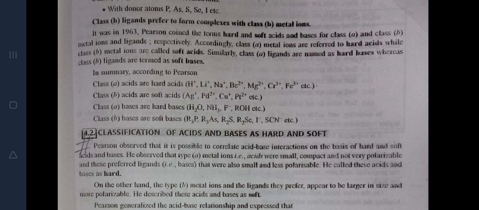In summary, according to Pearson, class A acids are hard acids such as H+, Li+, Na+, Be2+, Mg2+, Cr3+, Fe3+, etc.